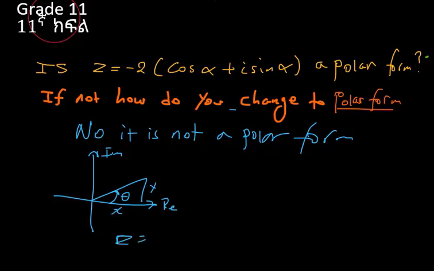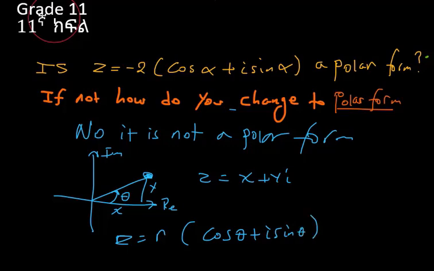The polar form of the complex number x plus yi is expressed as r, which is the distance from the origin to that complex number, or the radius, times cosine theta plus i sine theta.